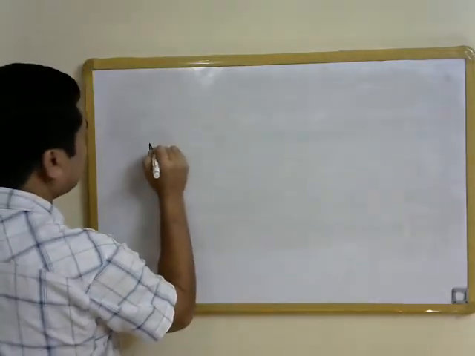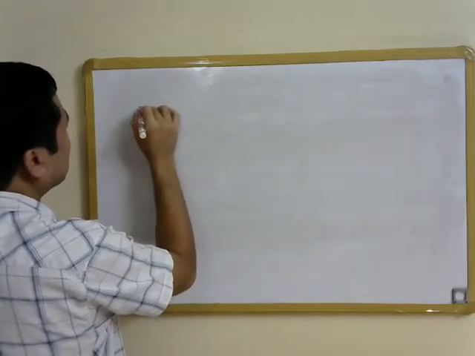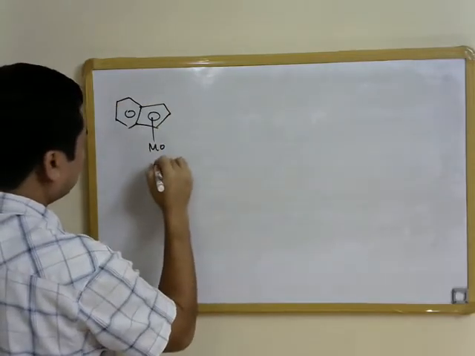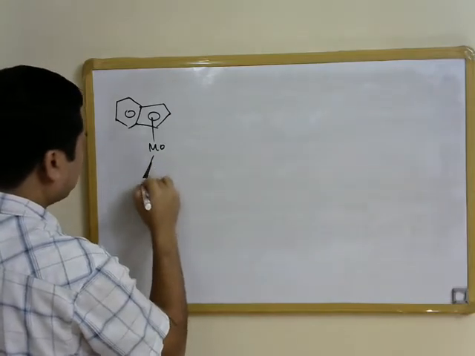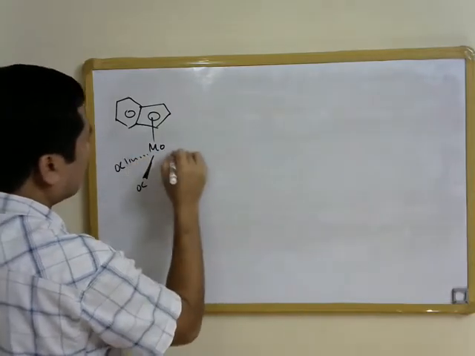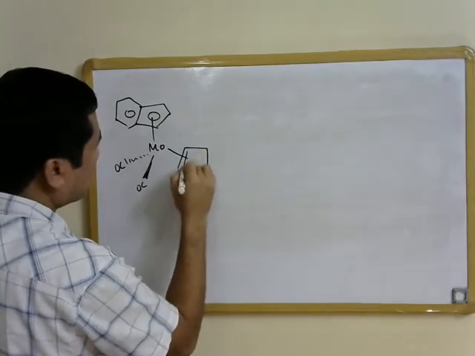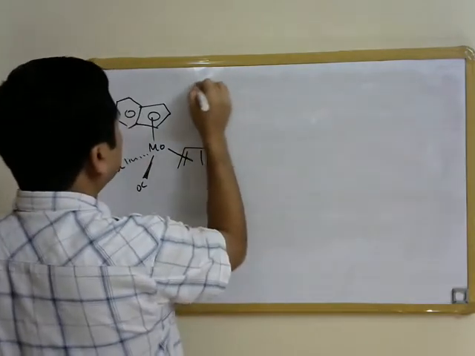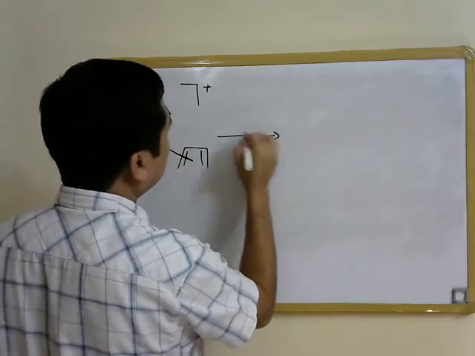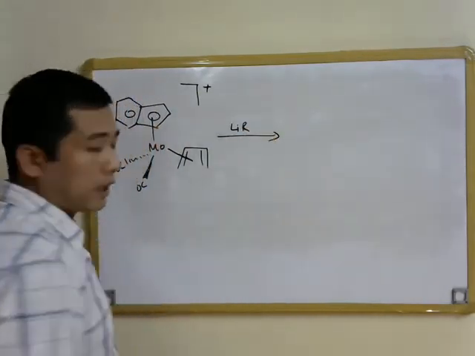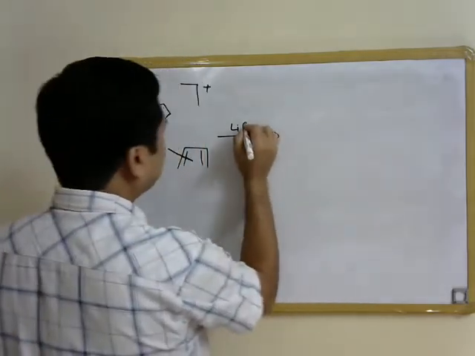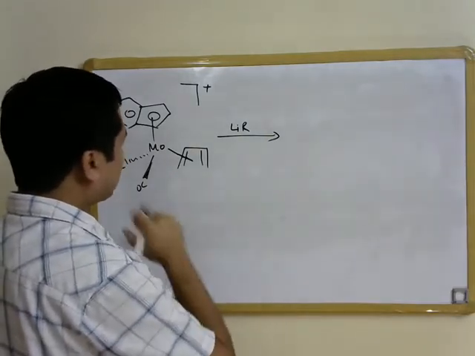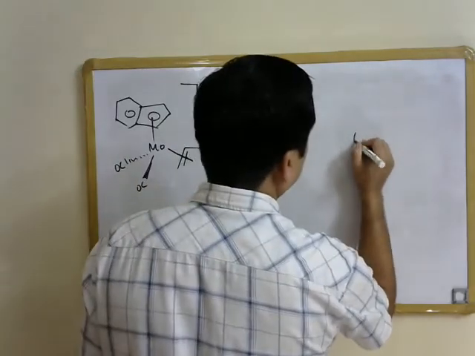So if you take this molybdenum complex, that is a Cp ligand, and a butadiene ligand coordinated in this way over here, and then the complex is positively charged over here, and then if we use an alkyl lithium reagent, the alkyl group will come and nucleophilic attack on the olefin carbon atom is going to take place, and this will now transform into an allyl ligand in this way.